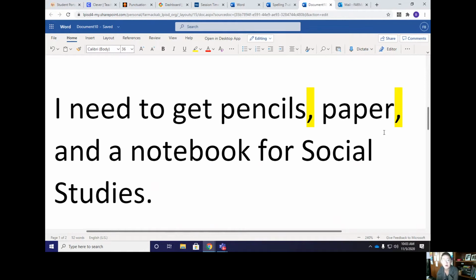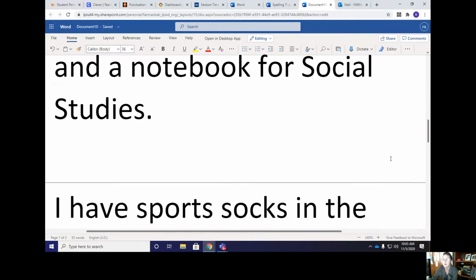It does not flow and it doesn't make sense. So when you are writing it, you have to use a comma for when you have pauses or when you are continuing on your sentence. So we'll go more into that, but please keep commas in mind when you are listing off things in a sentence like pencils, paper, and a notebook.